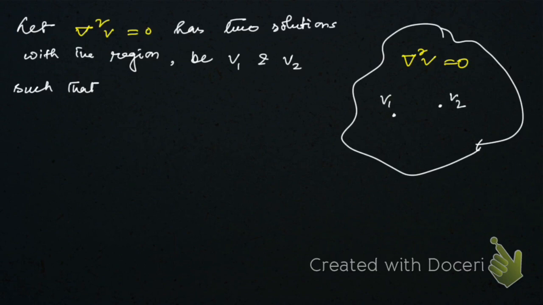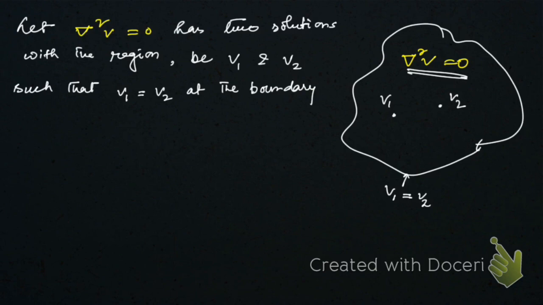We have assumed it that way, satisfying this equation, and at the boundary they have the same specified value, because the electric potential is specified at the boundary, such that V1 is equal to V2 at the boundary.